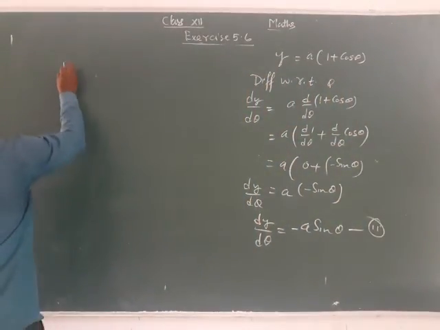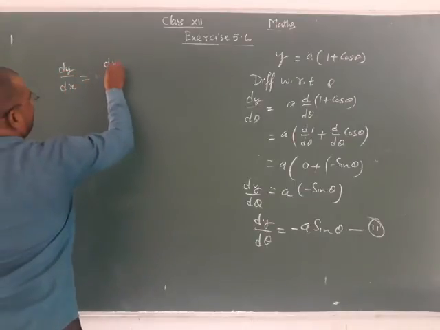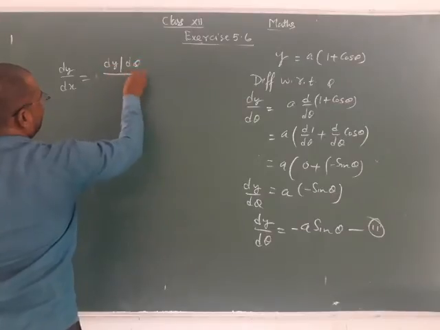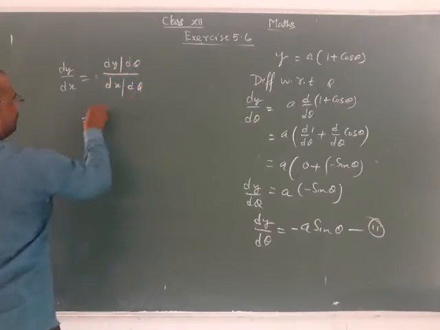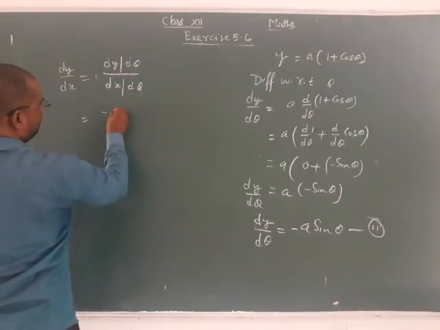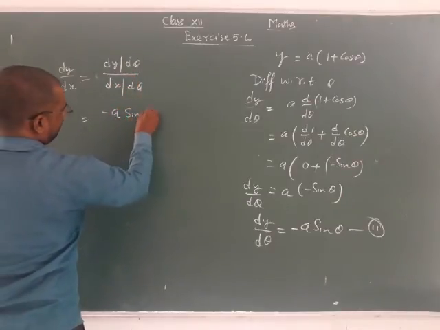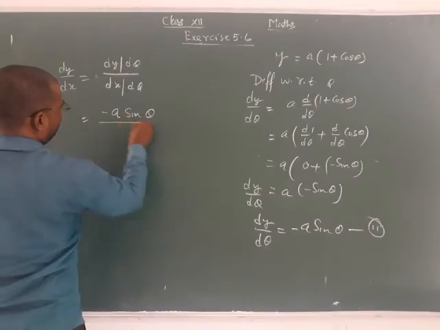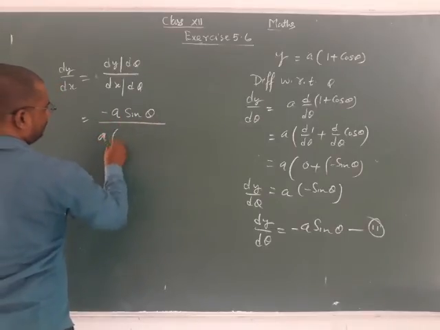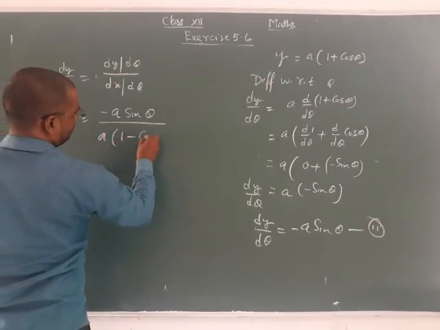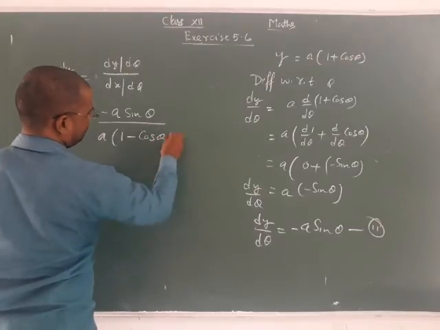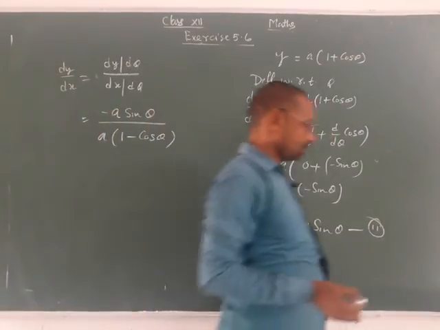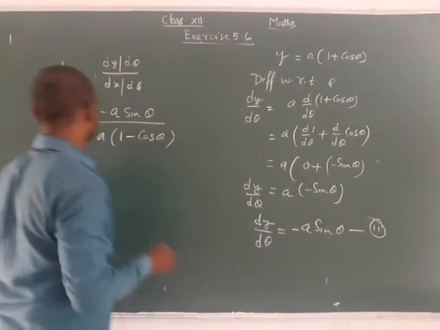So now dy upon dx is equal to dy upon d theta upon dx upon d theta. Now dy upon d theta is minus a sin theta, upon a into 1 minus cos theta.